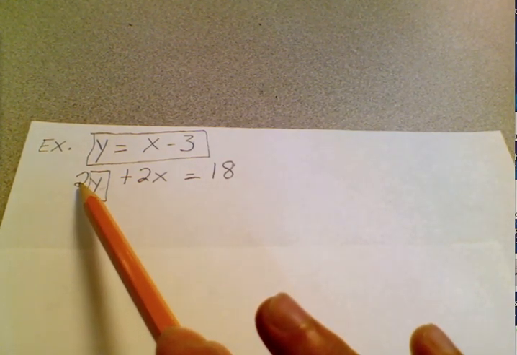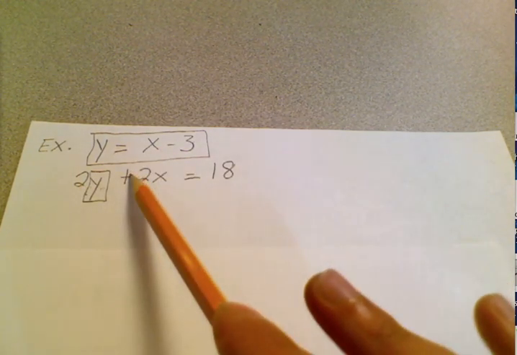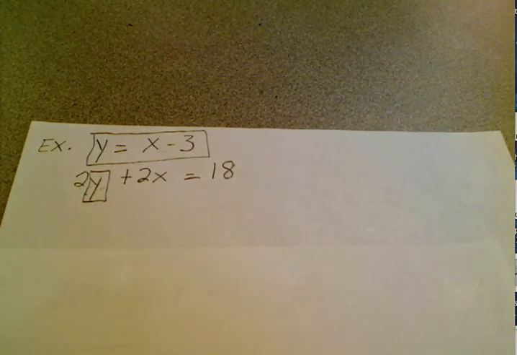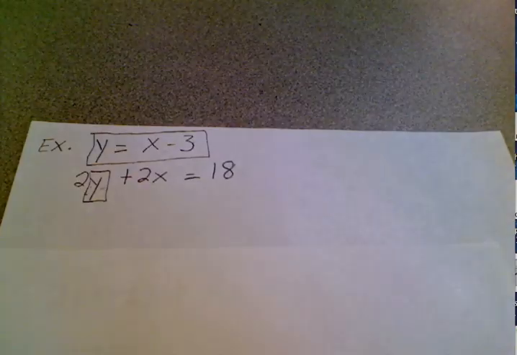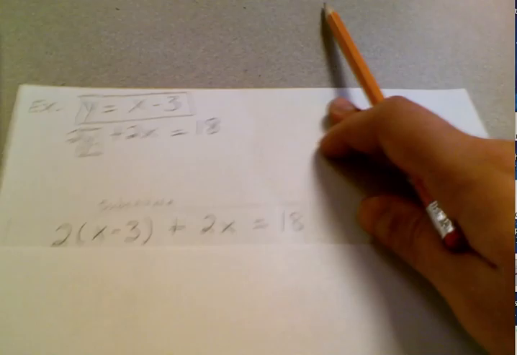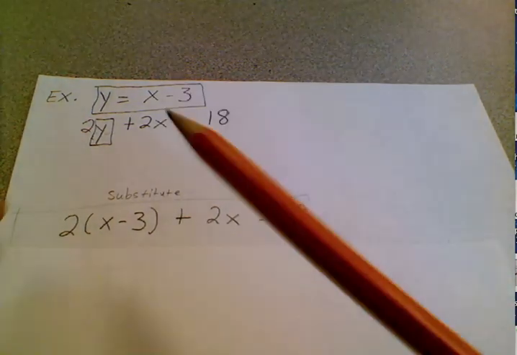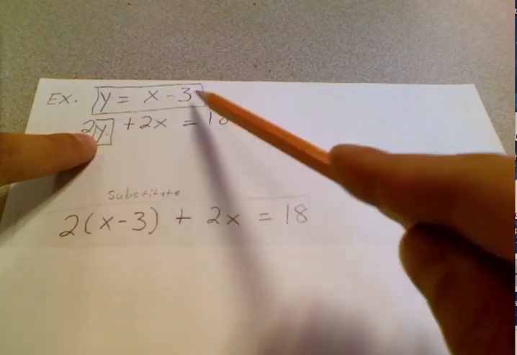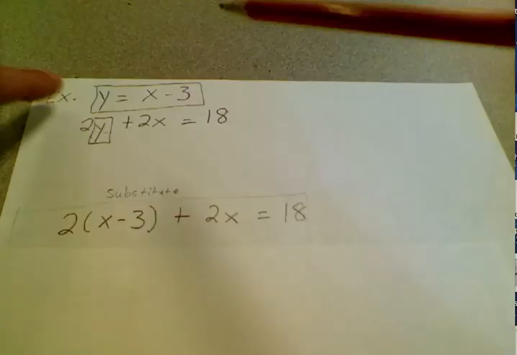So now this means 2 times x minus 3 plus 2x equals 18. We are substituting for y because we know what y is in the top equation. So this is what it looks like here. This is my first step when I substitute. You can see I replaced y with x minus 3 because y equals x minus 3.